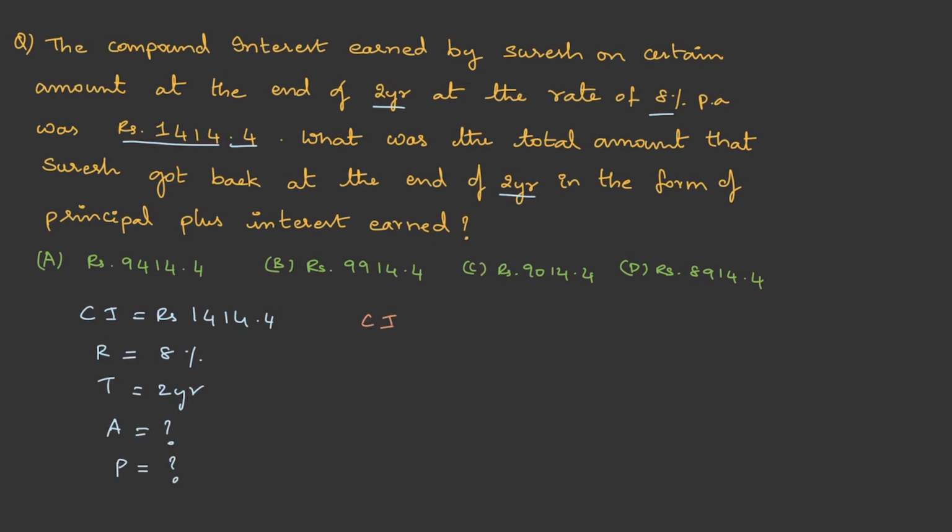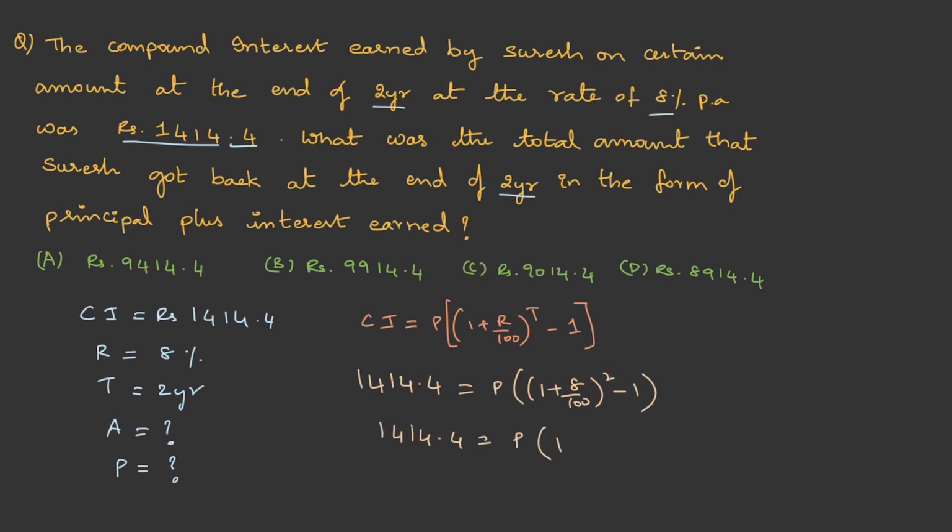Now the formula is compound interest is P into 1 plus R by 100 power T minus 1. This is in whole bracket. Now when we substitute the values, 1414.4 equals P into 1 plus 8 by 100 power 2 minus 1. This is 1414.4 equals P into 1.08 square minus 1. Again, this value we already know.